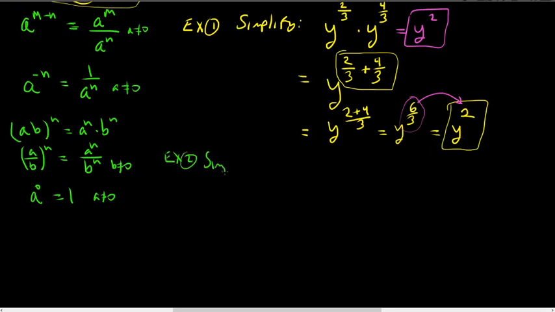So suppose we want to simplify. Let's do a to the negative 2/5, and because they're small, I'll write them this way. A to the negative 2/5 times a to the 1/2, all of that raised to the power 3. And then we want to multiply by a to the power 5 over 4.